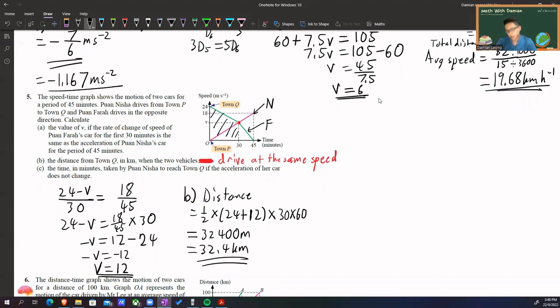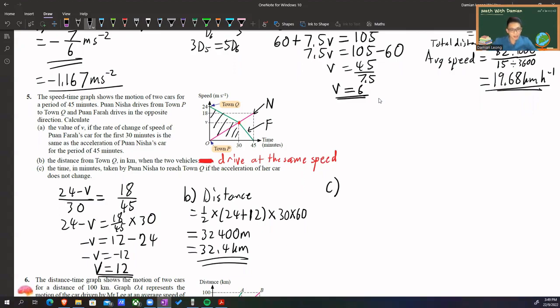Which is the answer given in the textbook. So the question is actually wrong. Textbook can be wrong as well if you're not aware of it. And this is the case of it.